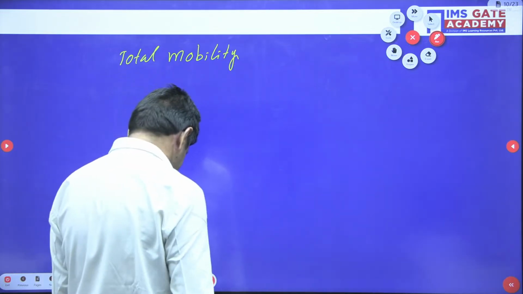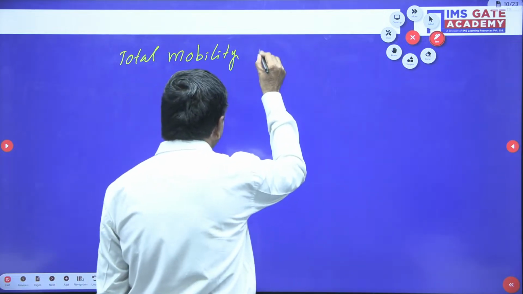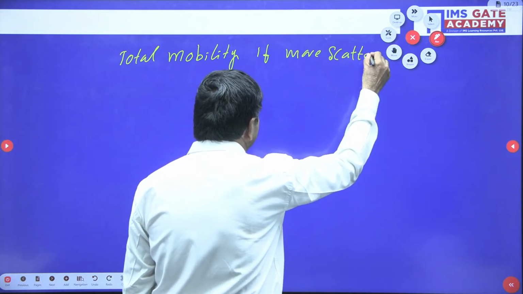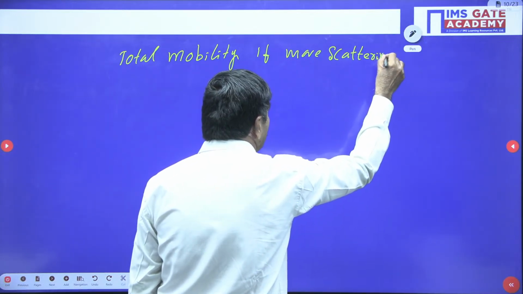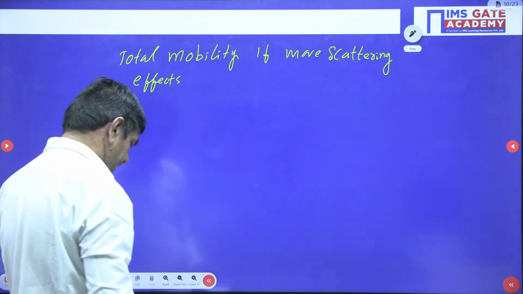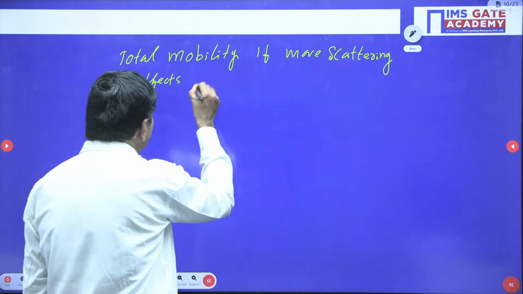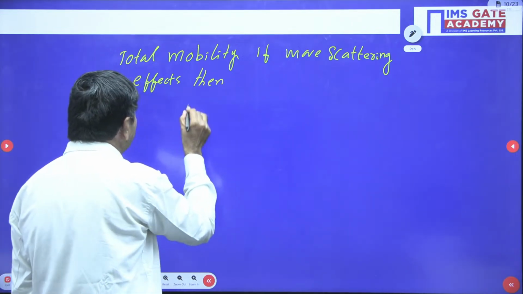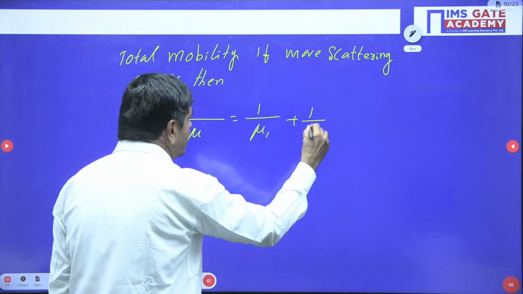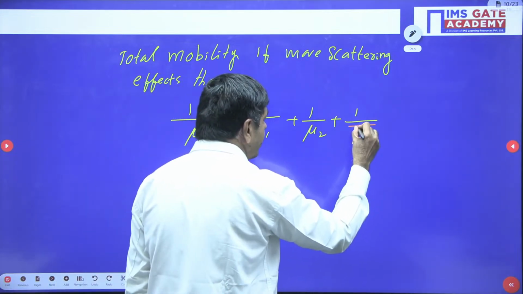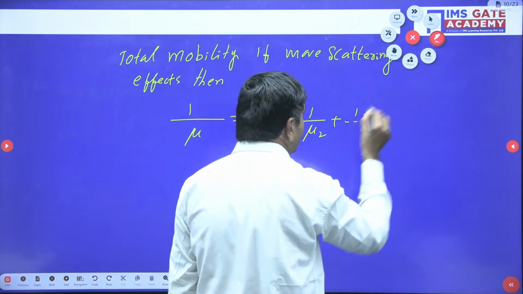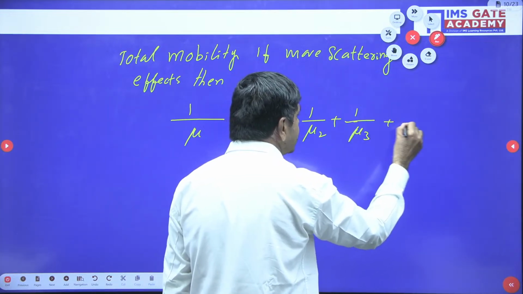If there are more scattering effects, how do we find the total mobility? 1 by mu equals 1 by mu 1 plus 1 by mu 2 plus 1 by mu 3, and so on.